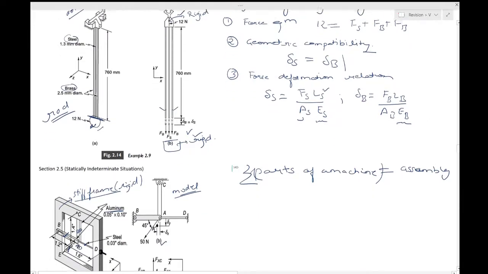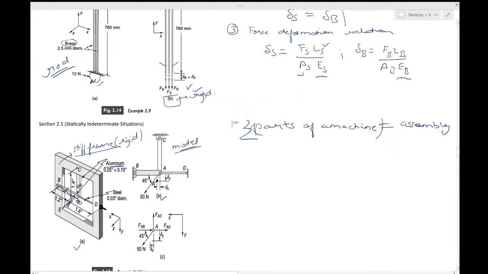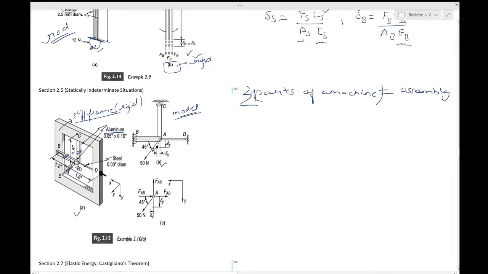So that's one way you can get a hint that the cross sectional area was circular. Anyways, in this problem, as we have discussed, the frame is essentially rigid compared to the aluminum and the steel, and thus the points B, C, D can be considered as fixed. So B, C, D are considered as fixed.